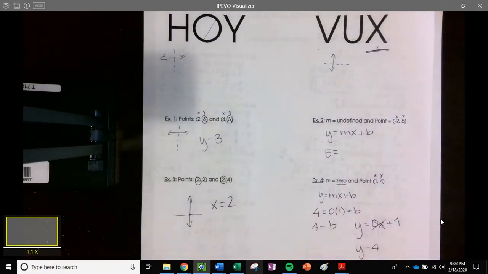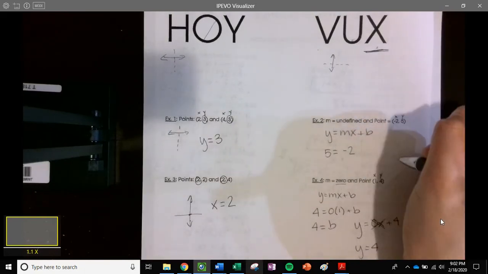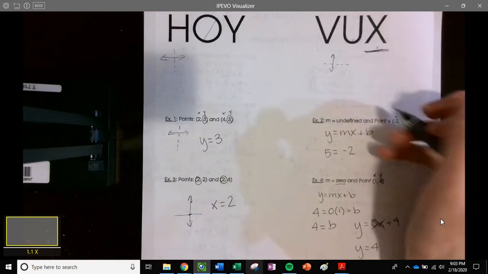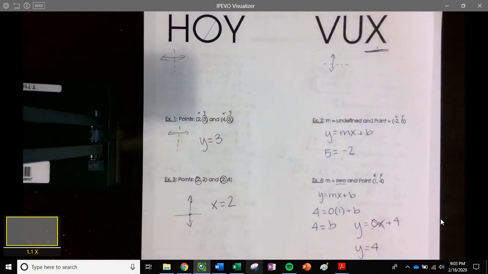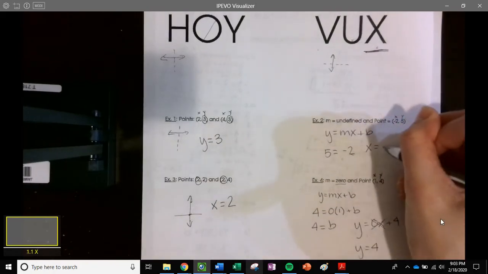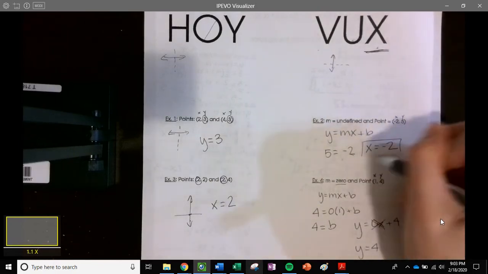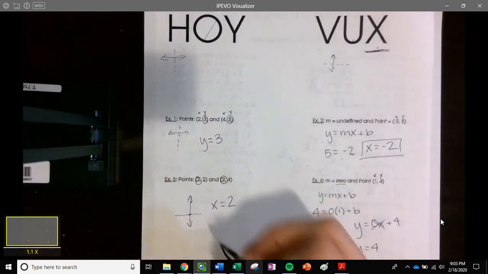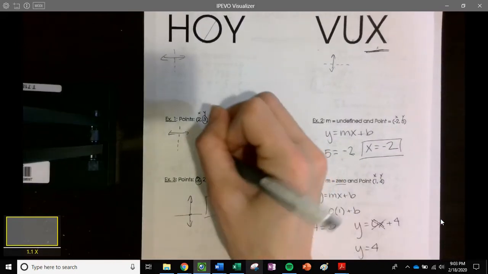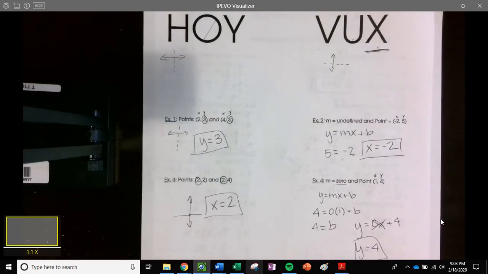I can't write that. So what do I do? I don't have a slope. I have negative 2 in here for x. That's actually going to wind up being my b value because this equation doesn't work out. And I'm just going to write this as x equals negative 2. This isn't real. It's undefined. There's no way for me to define it in these equation terms.